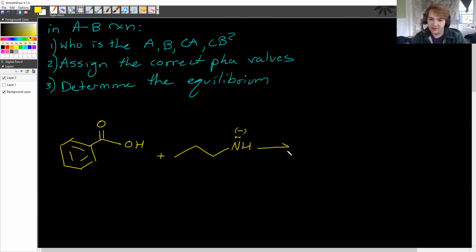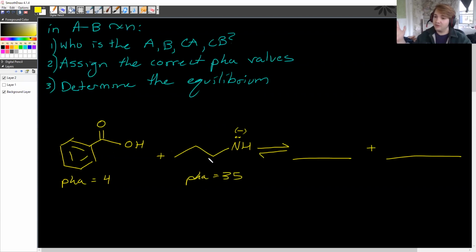And then you're going to see this double arrow, and you're going to see blank spot plus blank spot. And then below it, you're going to see pKa equals 4, pKa equals 35. This is all the information that you're going to be given. I'll give you a couple seconds just to copy it all down.